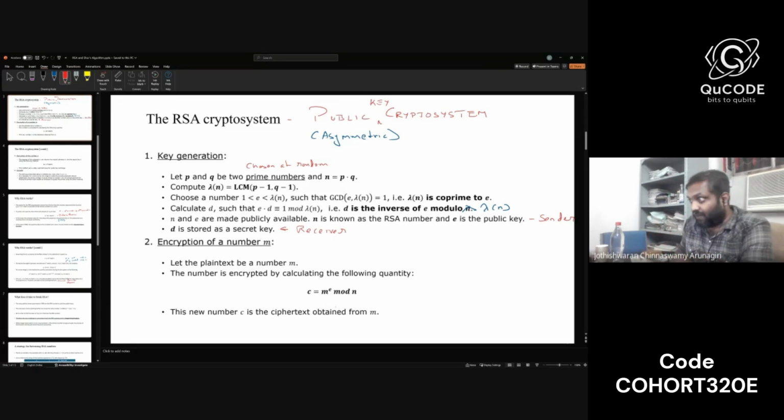So I know for a fact that 0 is less than or equal to c, which is less than n. It goes up to n minus 1. So I know that c is always going to be in this range. So this is a many-to-one function. Multiple values of m can end up giving me the same value of c. So this does not have a very well-defined inverse.